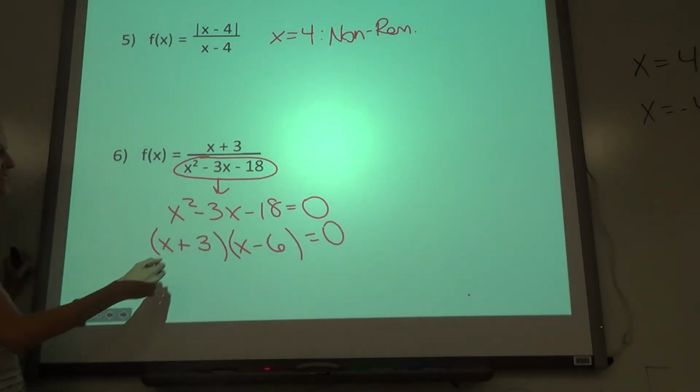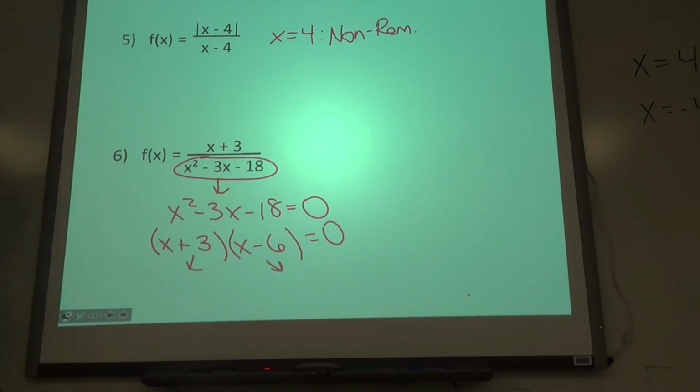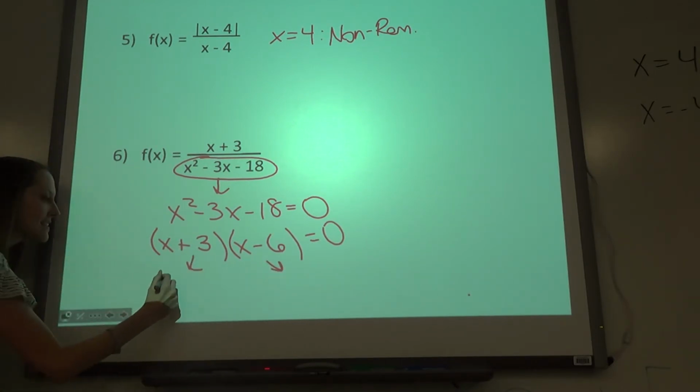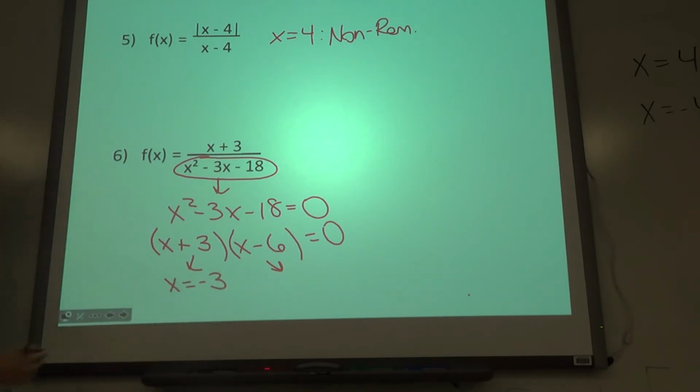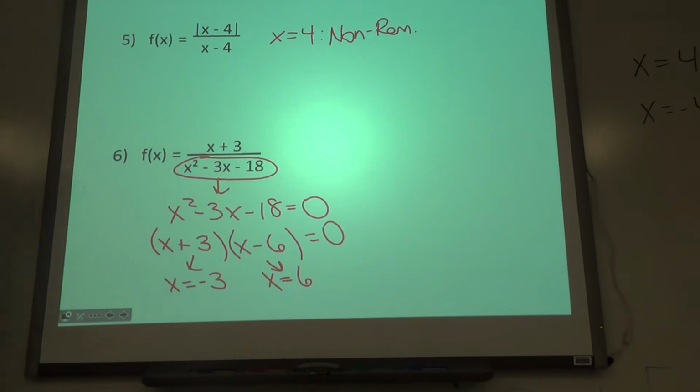Yes, -6, +3. So by the time you break those apart and solve them for x, I get back x equals -3 and x equals +6. Those are the values that you need to look at on your graph.